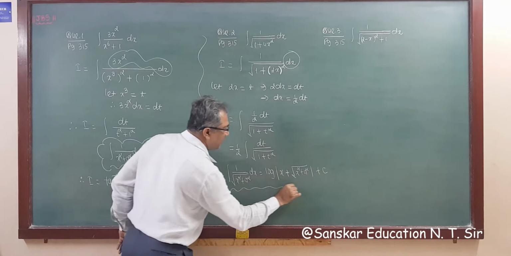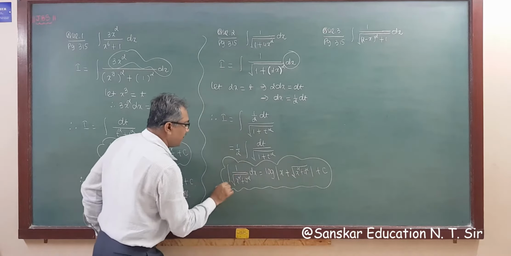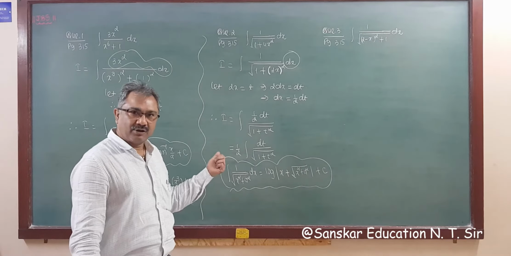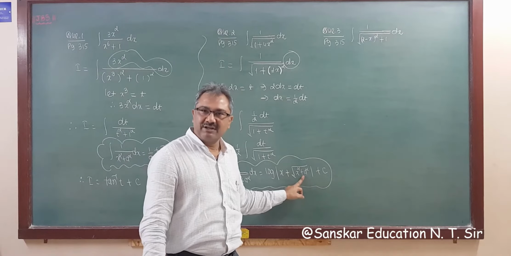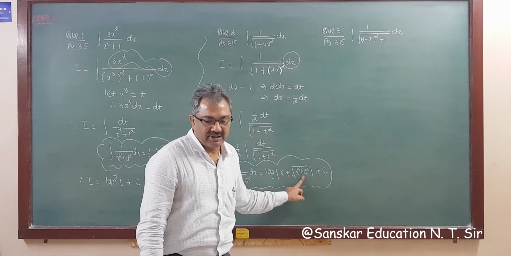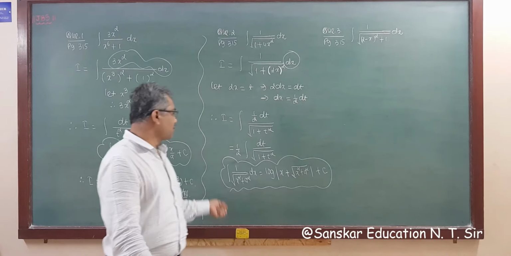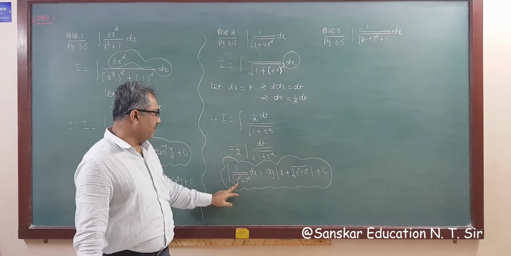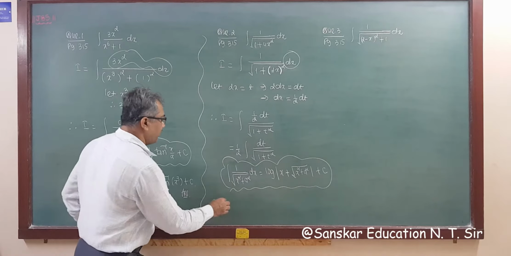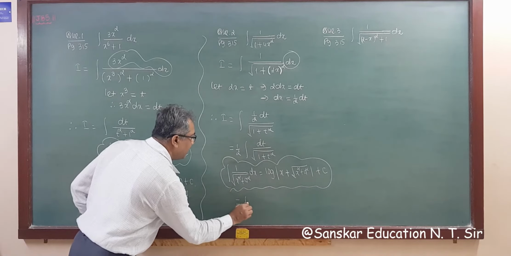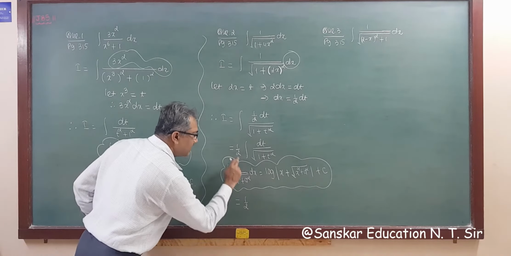So this is the formula for 1 upon root x square plus a square, and you know also if this is minus then answer of this is here minus only, otherwise the same formula that you have to apply. So applying this formula, instead of x here is t and a is 1, right? So applying formula I will be half, right? This is half.